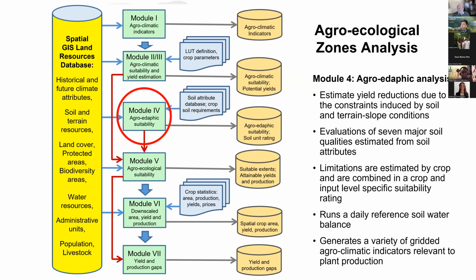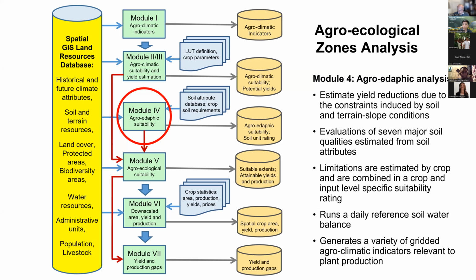The agro-edaphic suitability estimates, as the name suggests, yield reduction due to constraints induced by soil and terrain condition. It produces evaluations of 7 major soil qualities estimated from the soil attributes stored in the soil database.